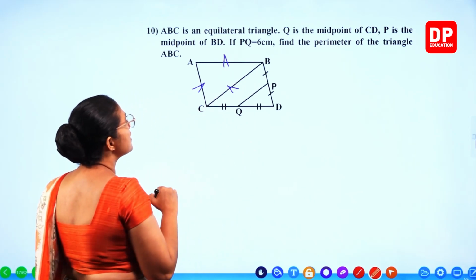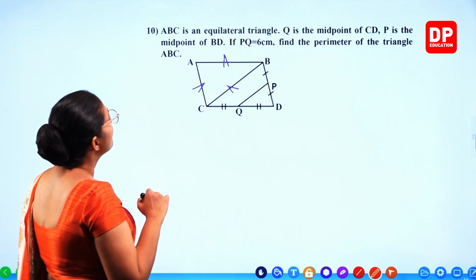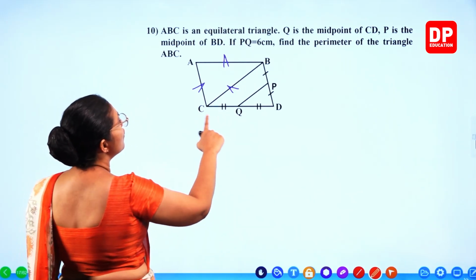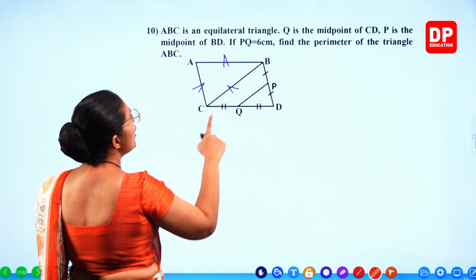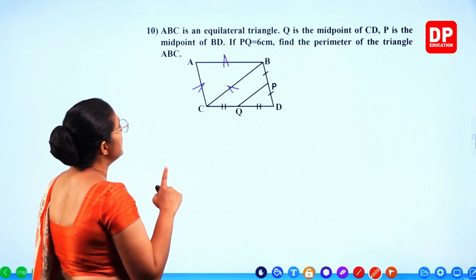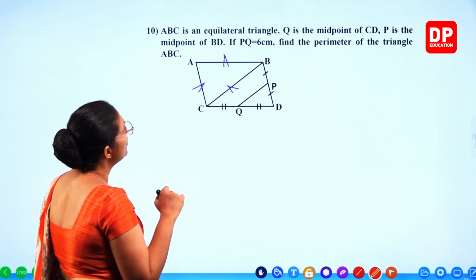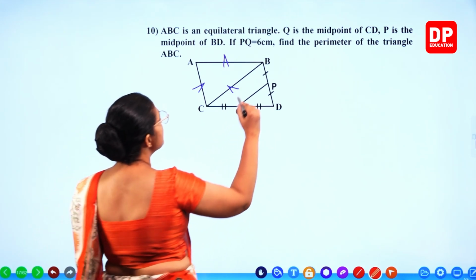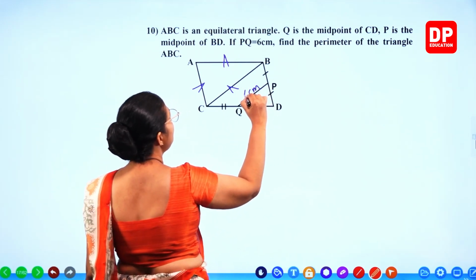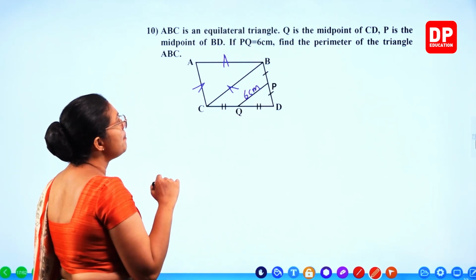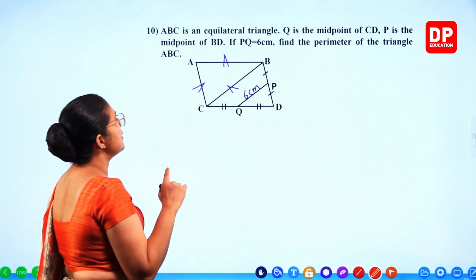So we'll mark it like this. Q is the midpoint of CD. P is the midpoint of BD. If PQ is 6 centimeters, find the perimeter of the triangle ABC.